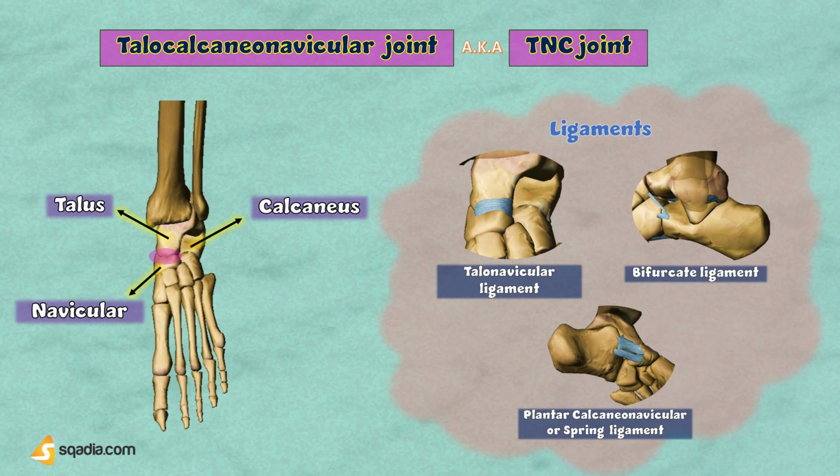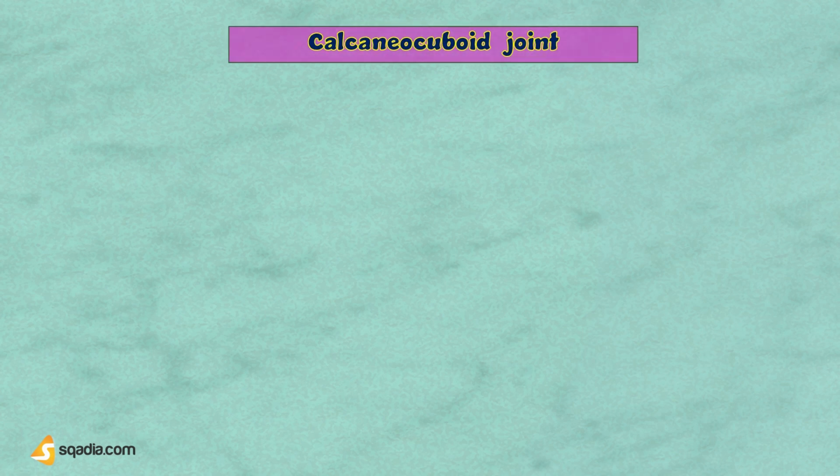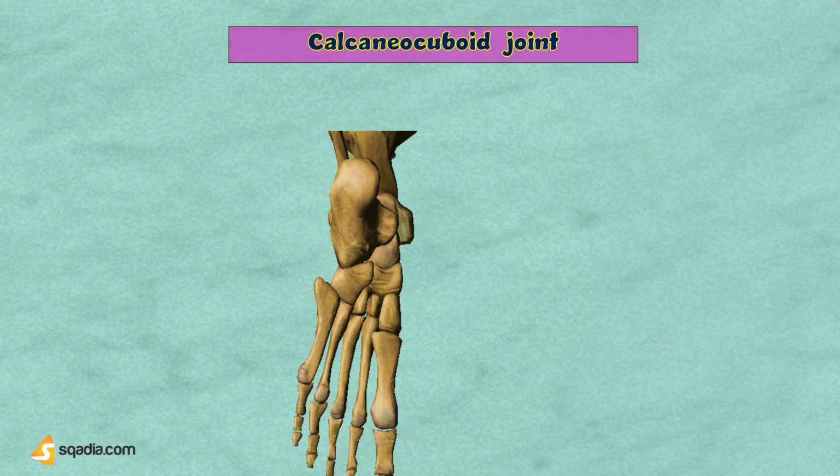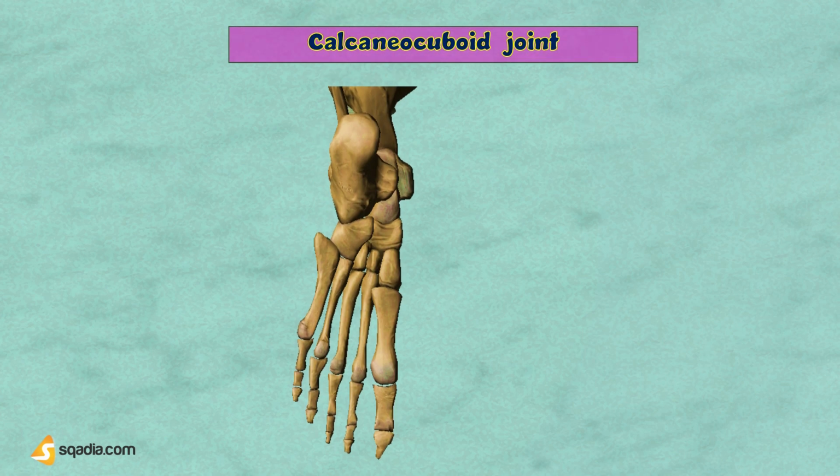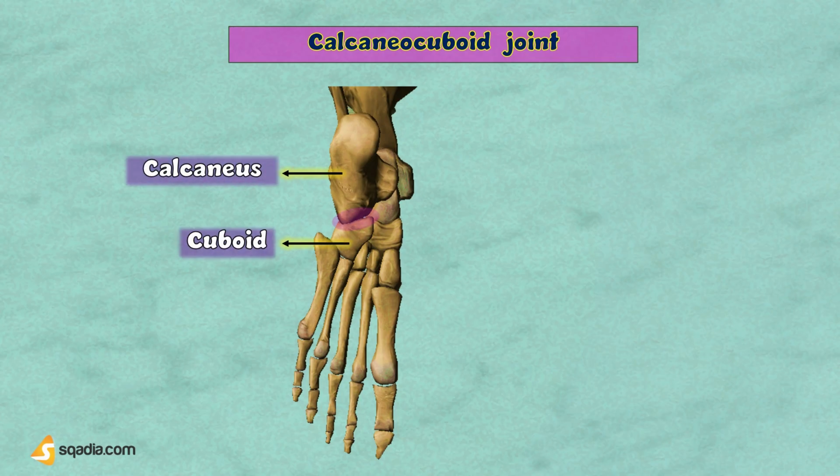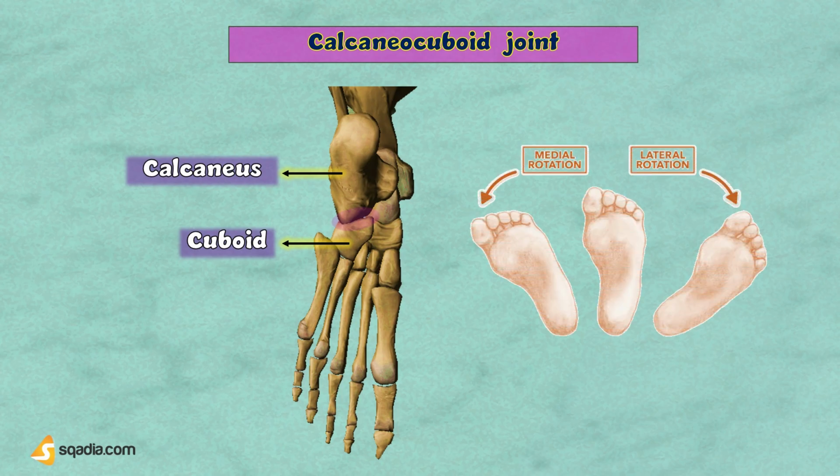The third major intertarsal joint is called the calcaneo-cuboid joint. The calcaneo-cuboid joint is the joint between the calcaneus bone and the cuboid bone. This joint allows for lateral and medial movements of the foot, which are important for maintaining balance and stability. The joint is surrounded by a joint capsule, which helps to keep the joint stable and prevent excessive movement.